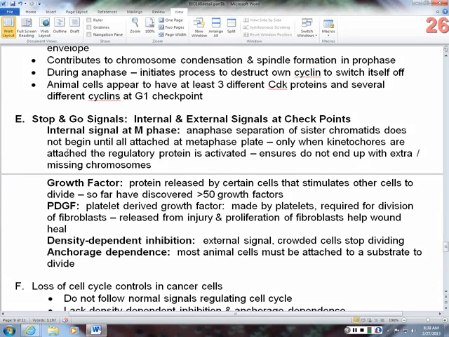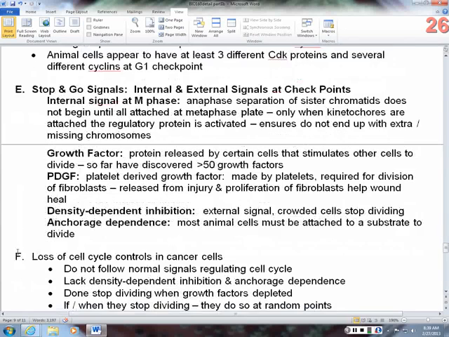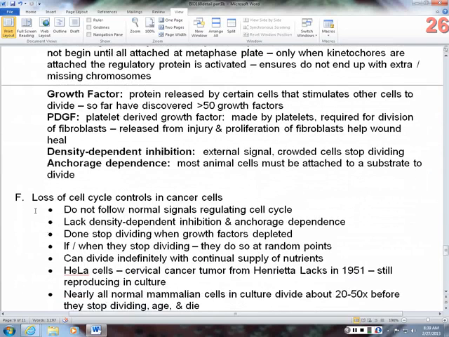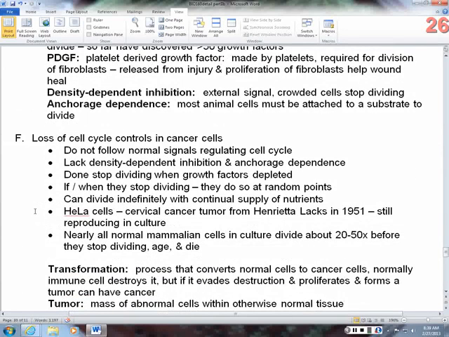Some of them are going to look at density. So you have density-dependent inhibition. This will prevent cells from overcrowding an area. Some cells are going to have anchorage dependence. Most animal cells need to be attached to something to divide. They can't just be floating around randomly and dividing.